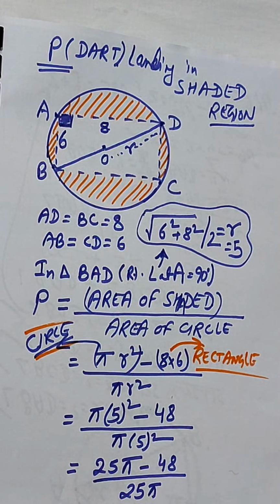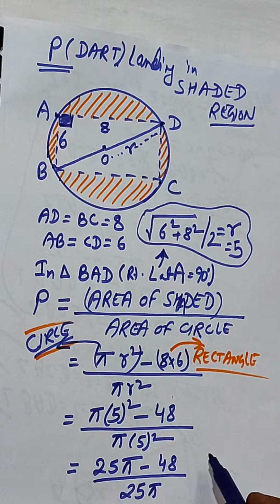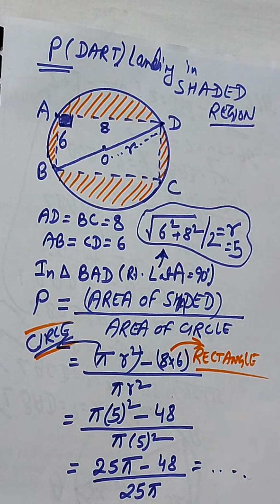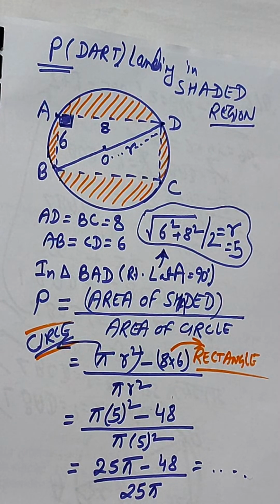So just solve it to get the value of the probability of dart hitting the shaded region.